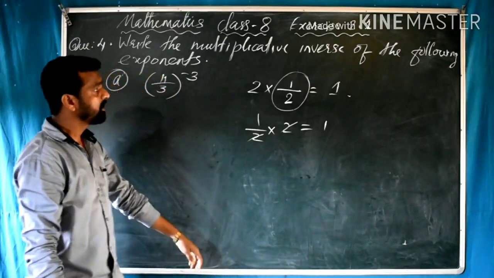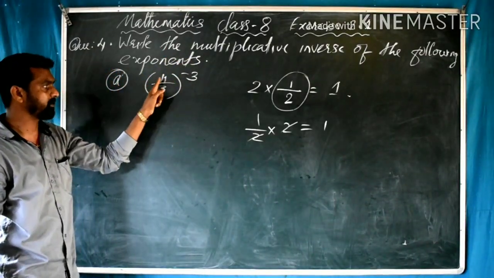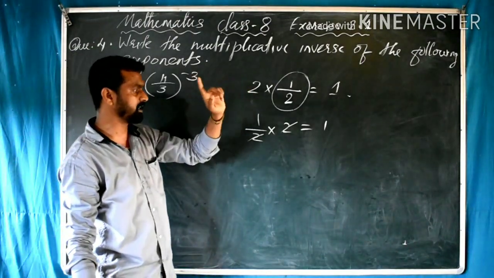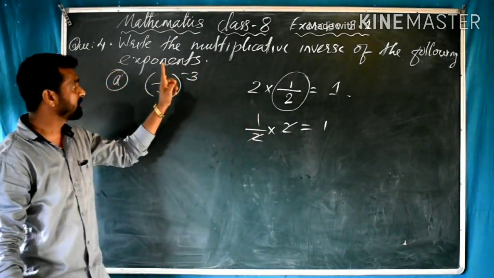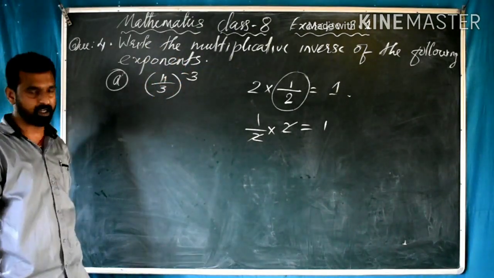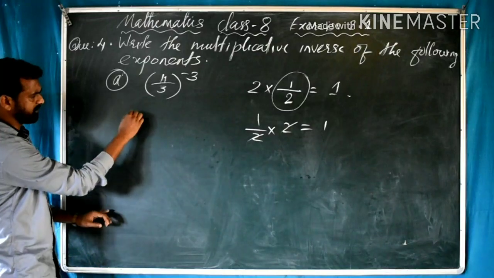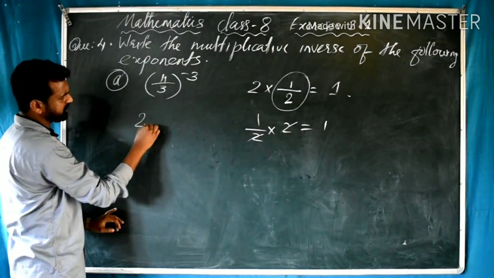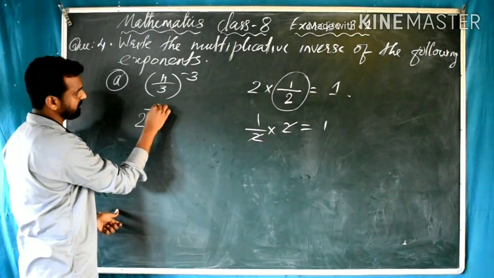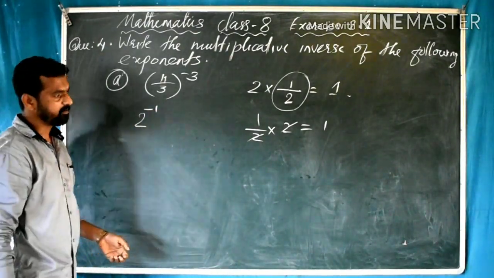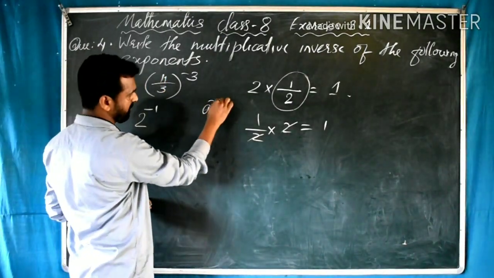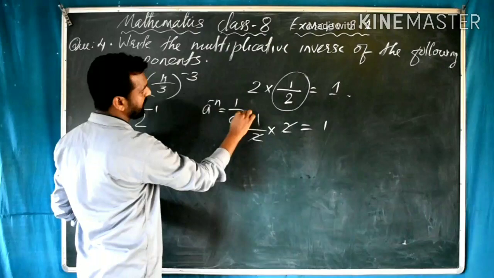In the same way we have to write the multiplicative inverse of 11 by 3 raised to minus 3. Suppose an example, 2 raised to minus 1. We have studied the formula: A raised to minus n is equal to 1 by A raised to n.